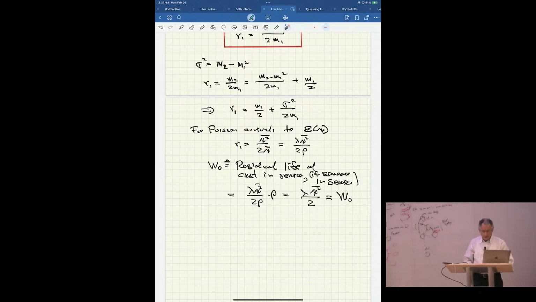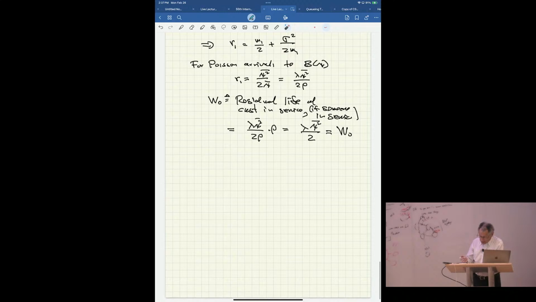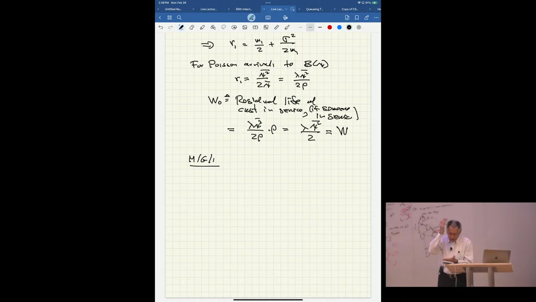Okay. Now, let's get back to MG1. We'll get started on MG1. We talked a little bit about this before, but let's do it again. What is the state variable for MG1, which means give me all the information I need right now at time t so that I can do the best job in predicting the future no matter what other information you could have given me.